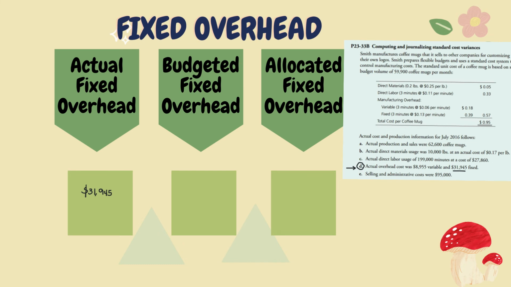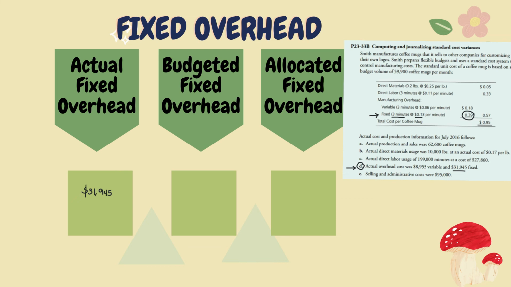Budgeted fixed overhead, again, fixed is constant as total. So I need budgeted fixed overhead. So I need to multiply budgeted input with budgeted cost. Okay, so let's look here for the fixed. He said it's gonna be 3 minutes per mug, 13 cents per minute, or 39 cents per mug. Okay, I need the budgeted amount of minutes. Do I have it here? I don't have it, but I can get it.